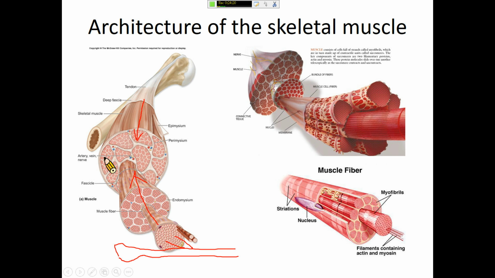Everything starts from contraction, and we will talk about contraction. How does that work here? Contraction is actually caused by some activity here, and then that activity creates force towards the center.